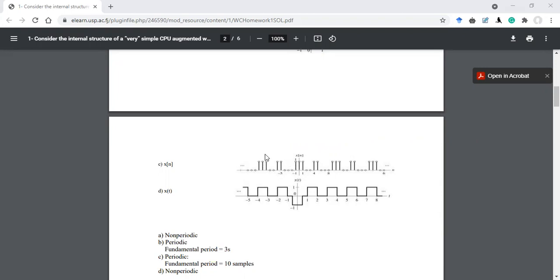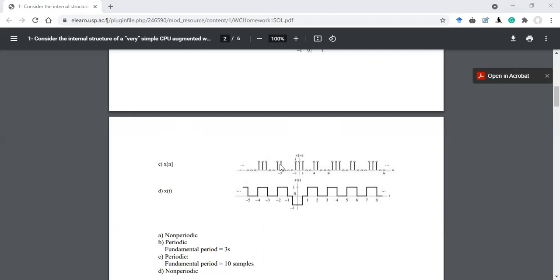And then again this same part repeats itself over here, and then it repeats over here as well. So the period of this signal is how many samples? 1, 2, 3, 4, 5, 6, 7, 8, 9, 10. So the period of this signal is 10.